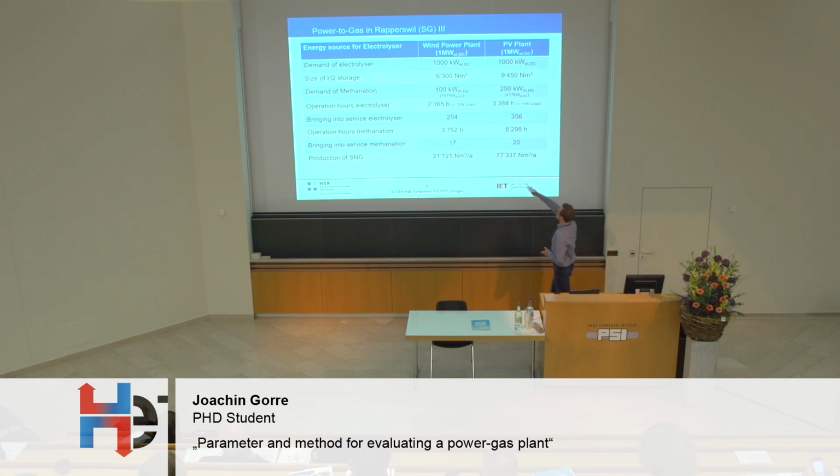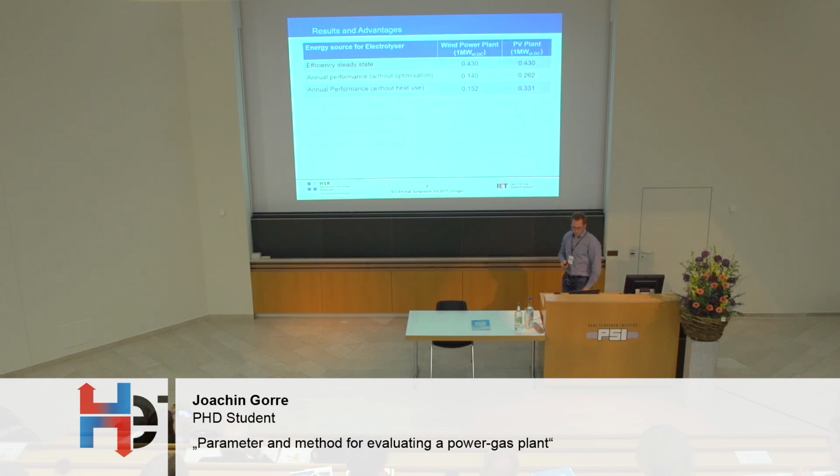So you see here the methanation unit, if you have a PV plant, is more than 6,000 hours, and the operation hours of the electrolyzer is only next to 3,000 hours. But you see also the electrolyzer and the methanation both have to be brought into service and brought down to a cold or hot standby. It depends. And the production of SNG is also different.